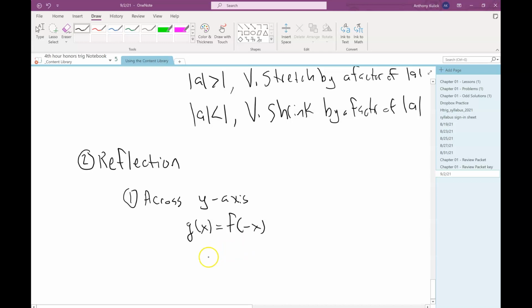So basically, if that value for c is negative, then we have a reflection across the y-axis. And if the value for c is positive, we have no reflection.